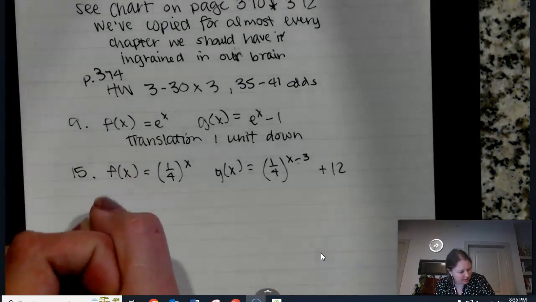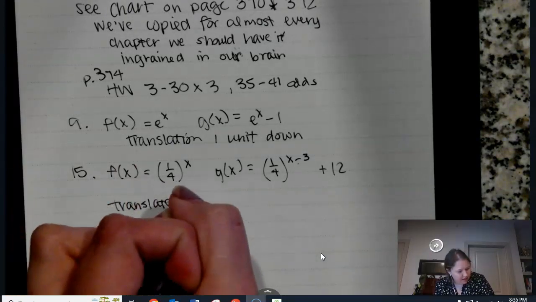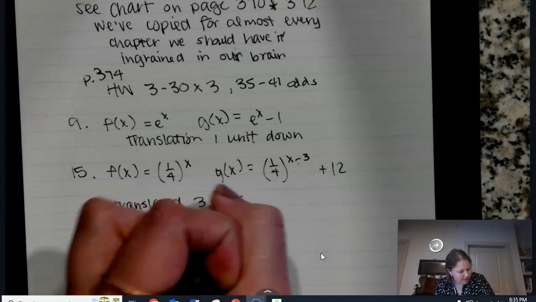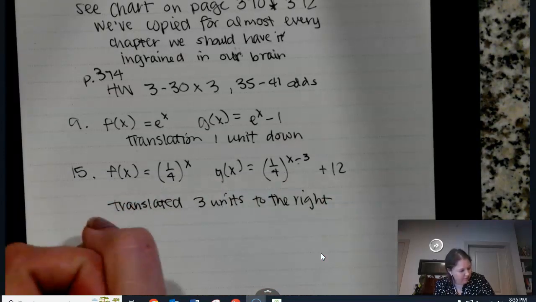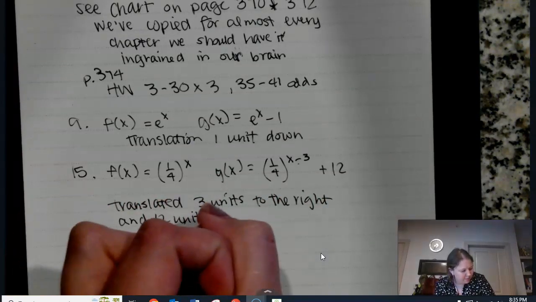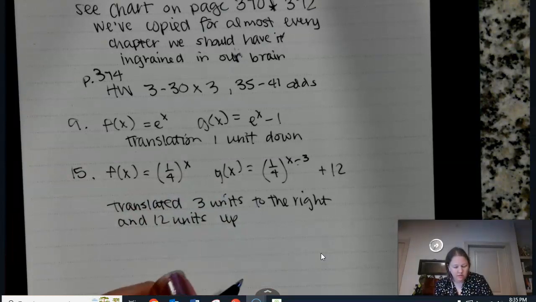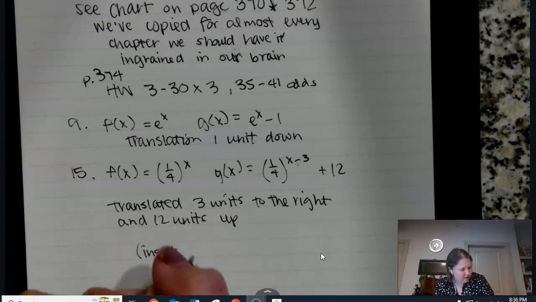So we translated 3 units to the right and 12 units up, followed by your graph. Insert graph here.